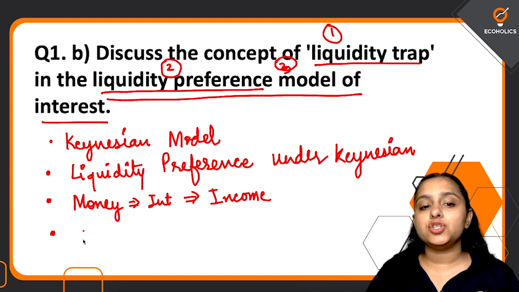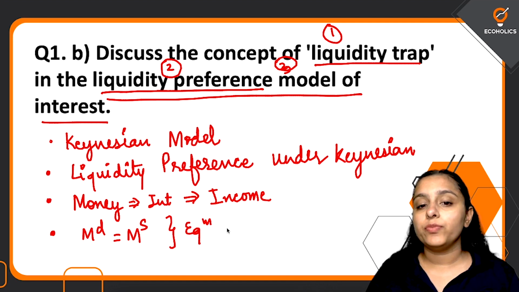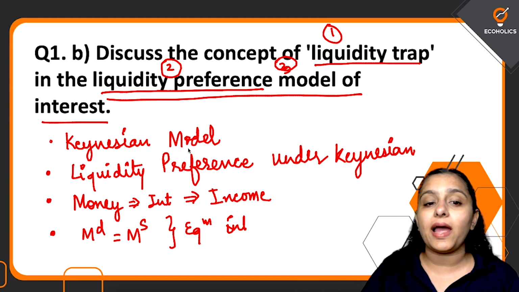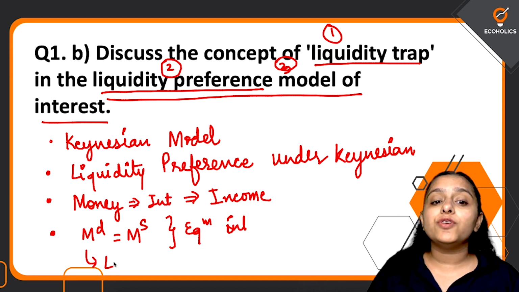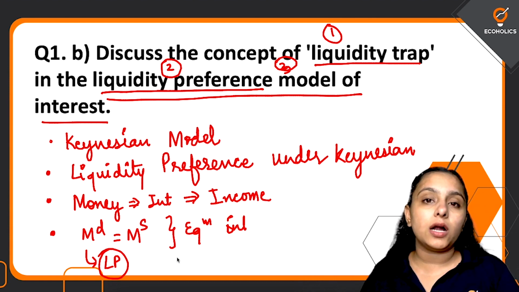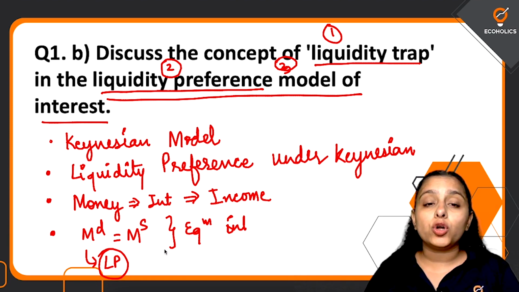We know that in Keynesian theory, whenever money demand is equal to money supply, I get my equilibrium interest rate. This equilibrium interest rate is derived by equating money demand to money supply, and money demand is influenced by liquidity preference.